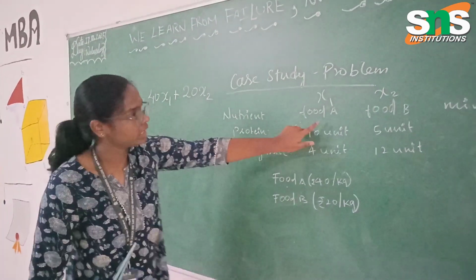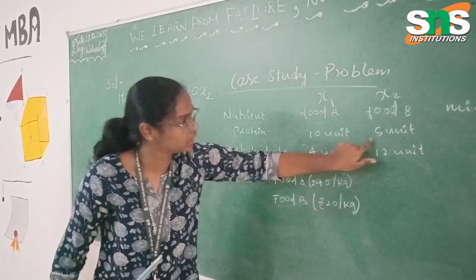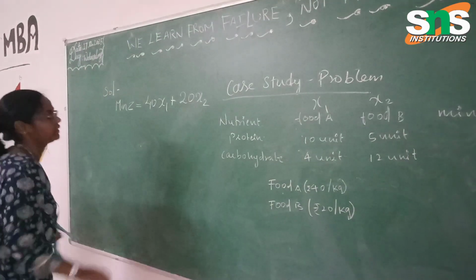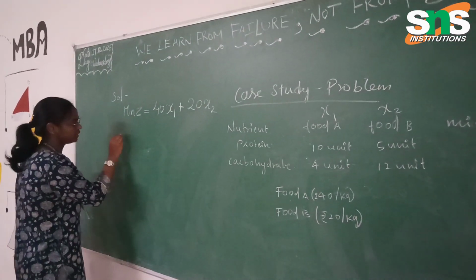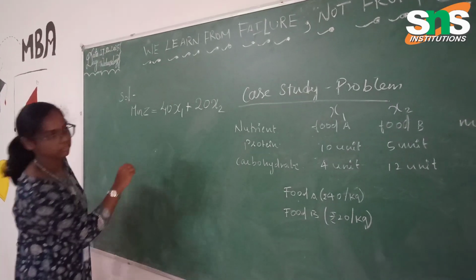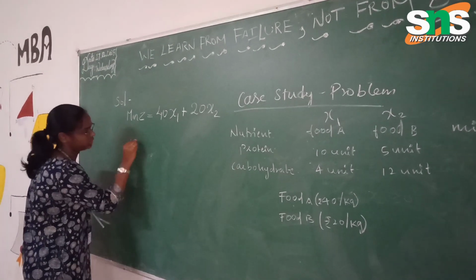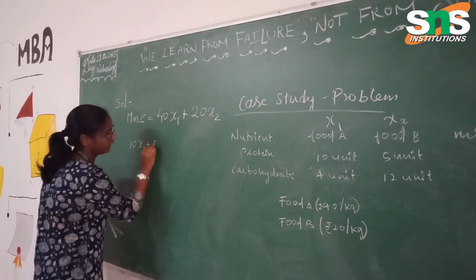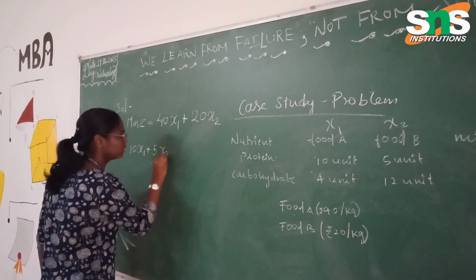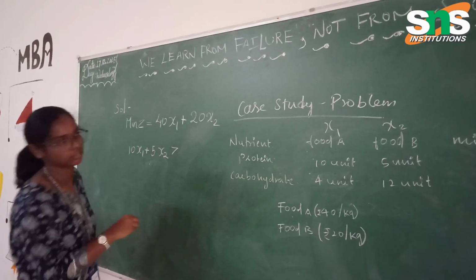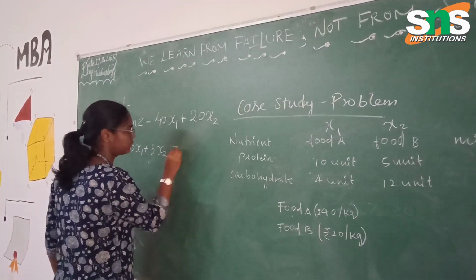As we consider these foods as x1 and x2, we also assign the equations. For the protein, we consider 10x1 plus 5x2 is greater than or equal to 50 units.